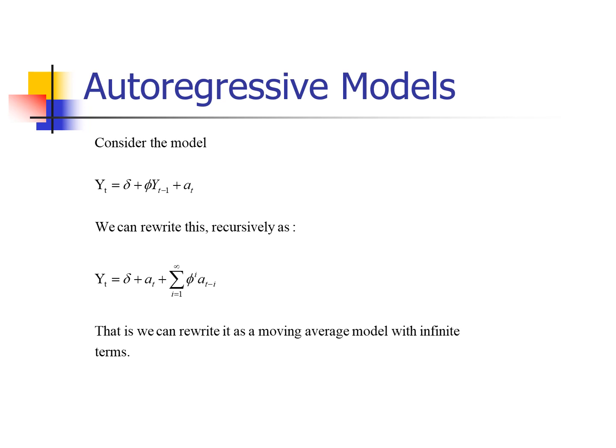Hopefully we can see the claim I made earlier that an autoregressive model could be rewritten as an infinite moving average model. That's what I see there in the second equation. Y sub t is delta plus a sub t plus this sum of phi to the i times a sub t minus i.